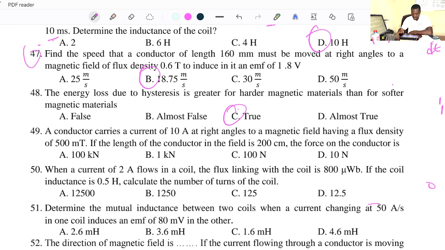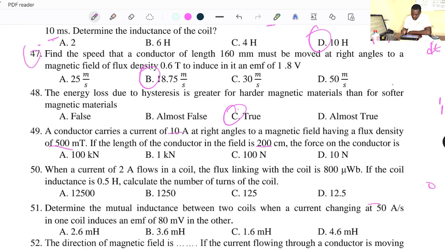A conductor carries a current of 10 amps at right angles to a magnetic field having a flux density of 500 milli Tesla. If the length of the conductor in the field is 200 centimeters, the force on the conductor is. So we are interested in the force. Then we are given the current, the magnetic flux density, then the length.